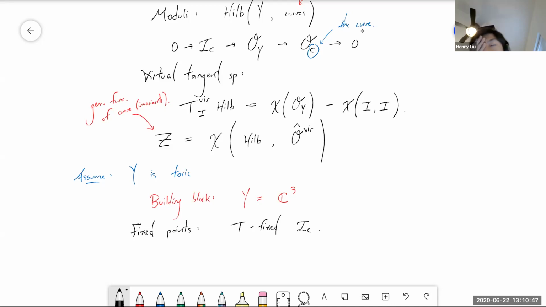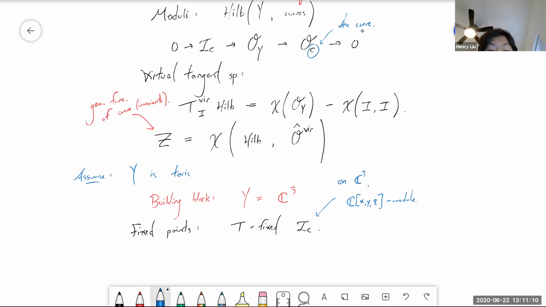And so if you have an ideal sheaf, well, first of all, since we're working on an affine space, what is this ideal sheaf? On C3, this is just some C[x,y,z] module, right?